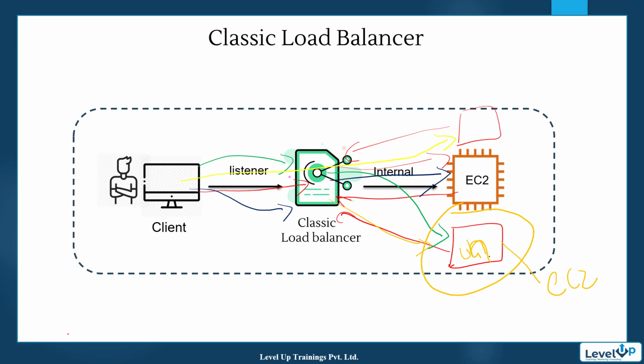The load balancer will keep track of all the unhealthy servers, and it will not send requests to the unhealthy server. In this case, if this is unhealthy, the load balancer will only send the load to this server and this server.